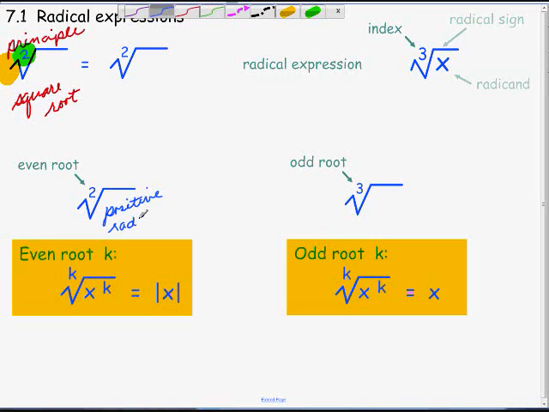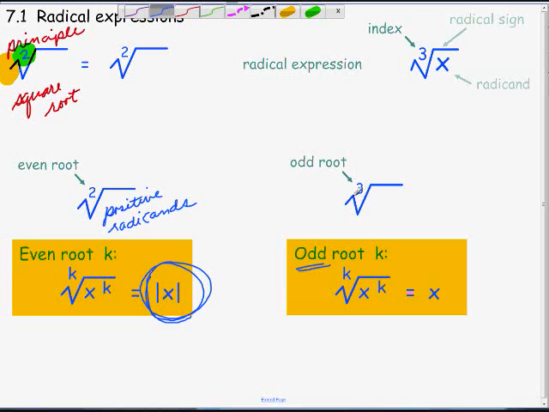There's that word again. Odd roots are much more forgiving. They allow you to have negative or positive radicands. So we're not going to run into this situation with an odd root.